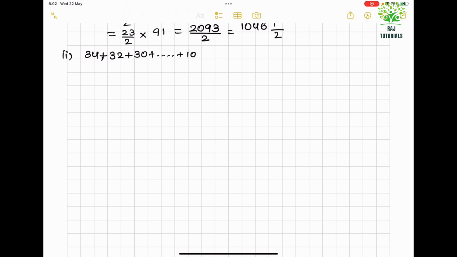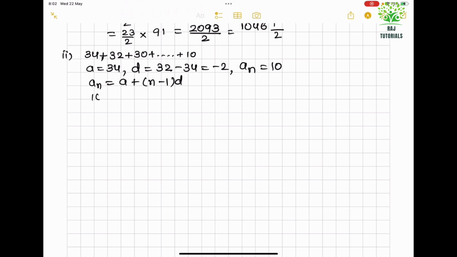Next is 34 plus 32 plus 30 plus dot dot dot till 10. So a equal to 34, d equal to 32 minus 34, that is minus 2, an equal to 10. So an equal to a plus (n minus 1)d.